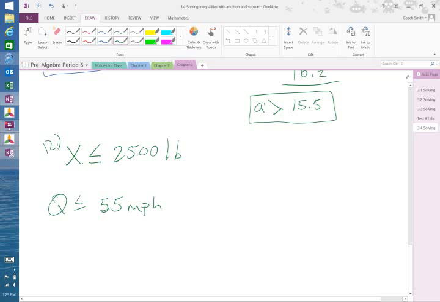So Q, you're okay. In other words, if you go 55 miles an hour or slower, you're okay. That's not always true because some freeways have a minimum posted speed where a policeman can pull you over if you're going too slow. They don't do that much anymore, but they used to.